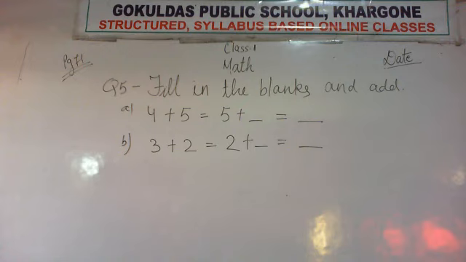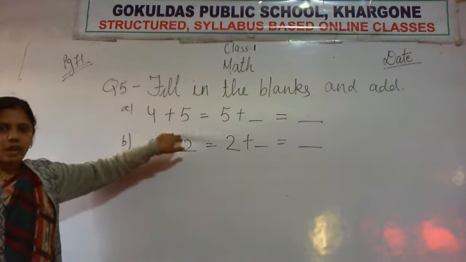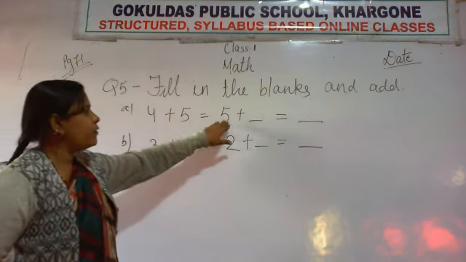These two fill in the blanks questions are based on the addition facts that I have explained to you, or addition property, addition fact or addition rule. The first is 4 plus 5 equals to 5 plus dash.